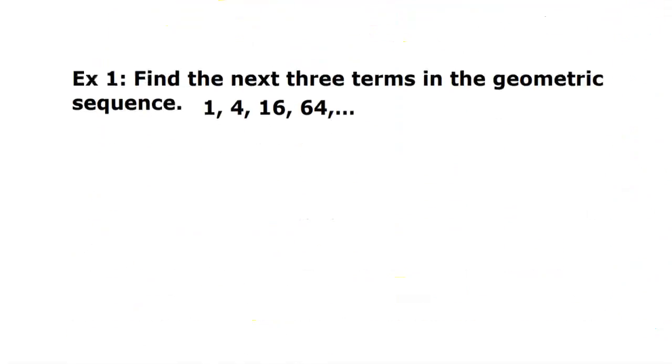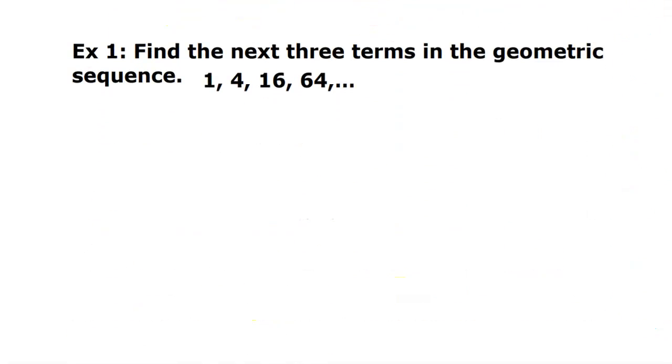And if we look here, this is probably an even better example where we can see it. If we have a sequence, 1, 4, 16, 64, and we're looking for the next three terms, well, we've got to see what the common difference is. And from 1 to 4, we're adding 3. From 4 to 16, we're adding 12.